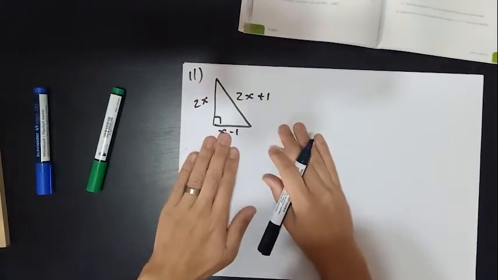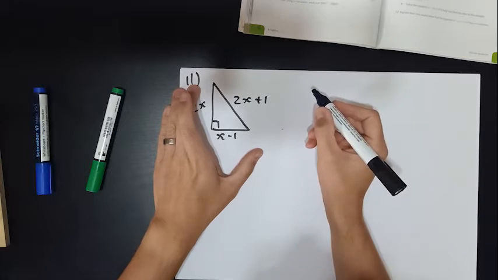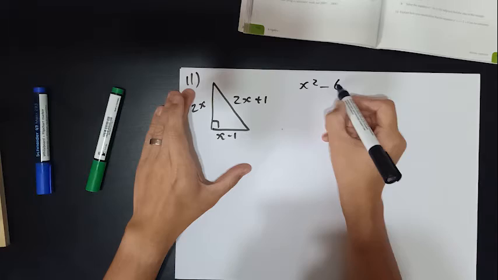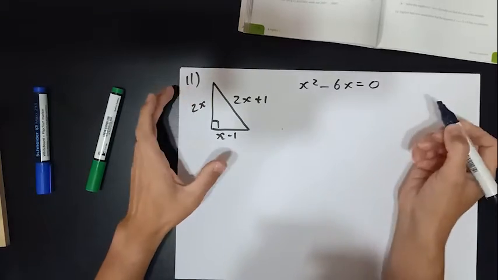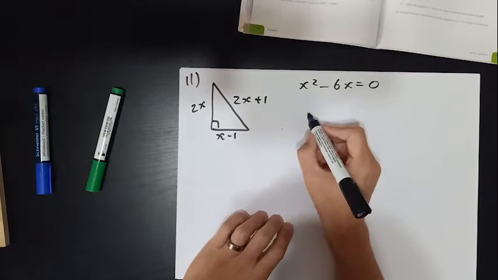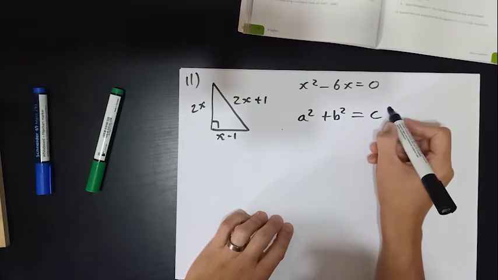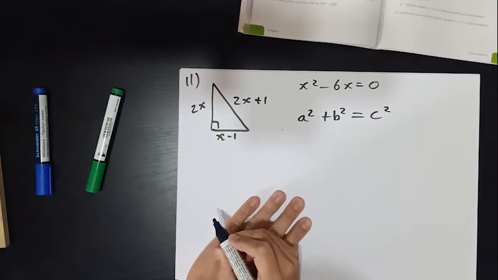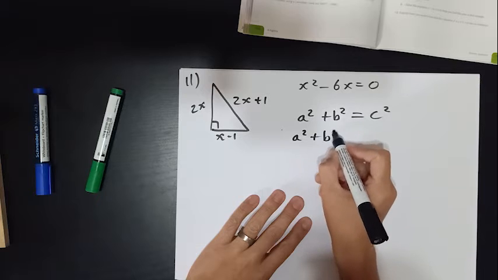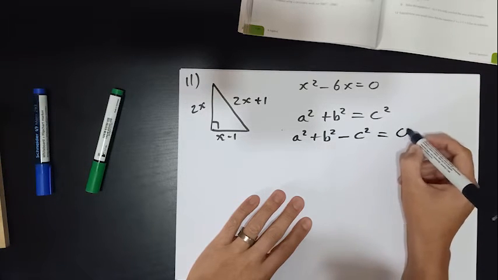I was thinking Pythagoras, a squared plus b squared equals c squared. Remember that one? Now if we bring that over here, we end up with a squared plus b squared minus c squared equals 0.